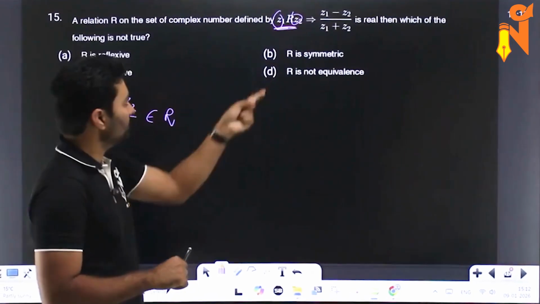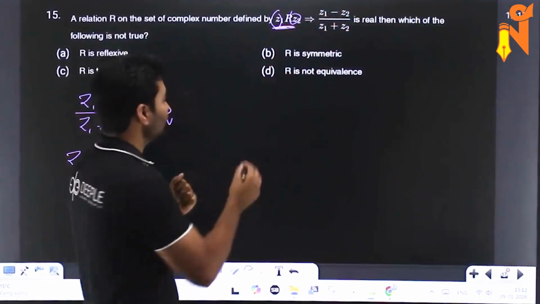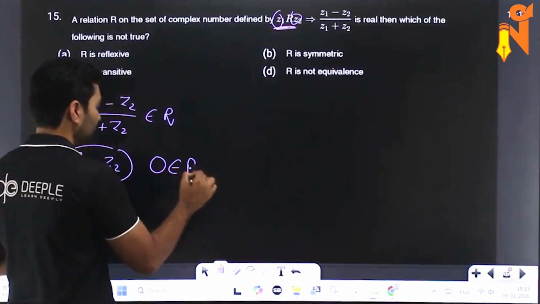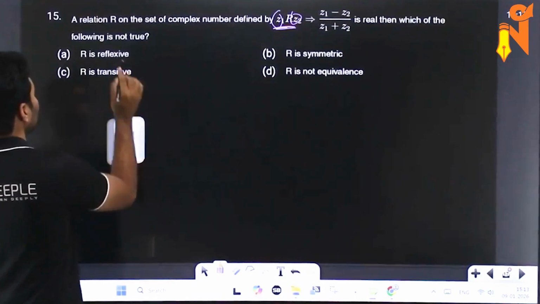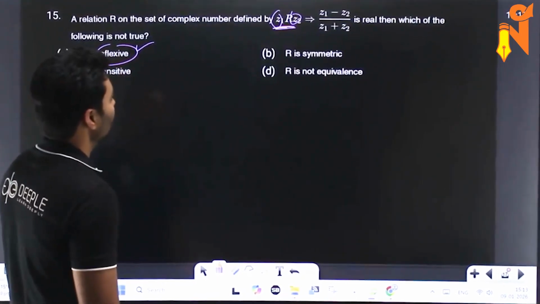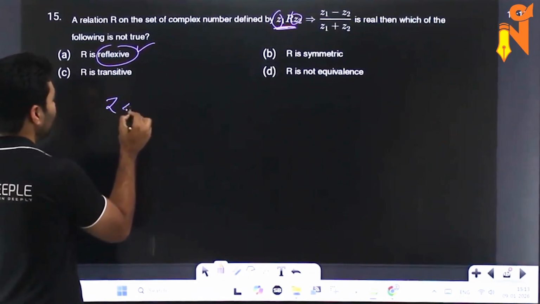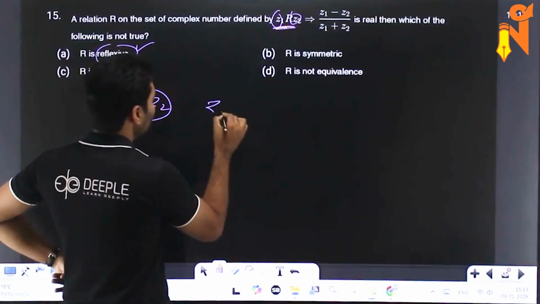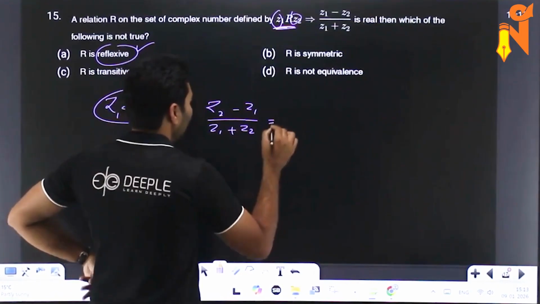So now when you put z1 equal to z2, you will get 0 by something, 0. Now 0 is a real number, correct. So this is reflexive, it is correct. Now I will check symmetric. For symmetric, what I will do here is replace z1 and z2, exchange. So (z2 minus z1) by (z1 plus z2), it's very obvious.